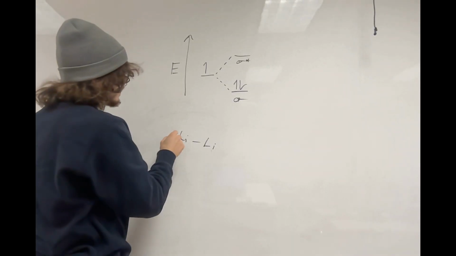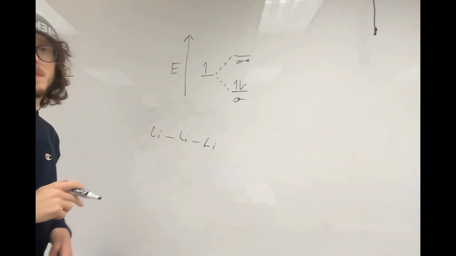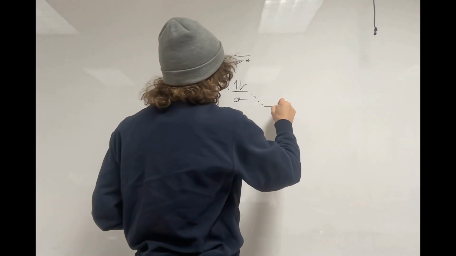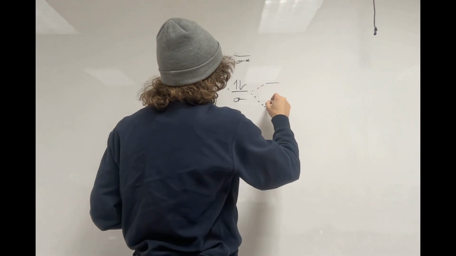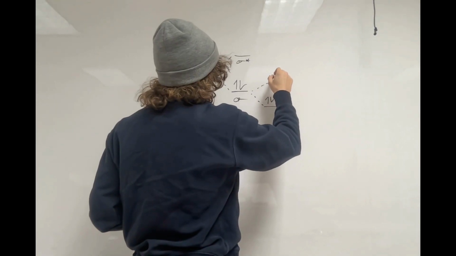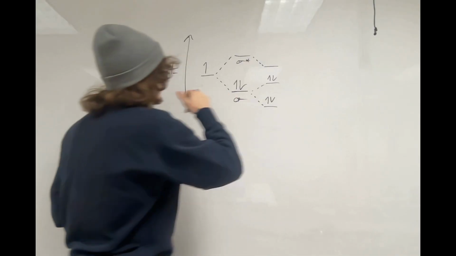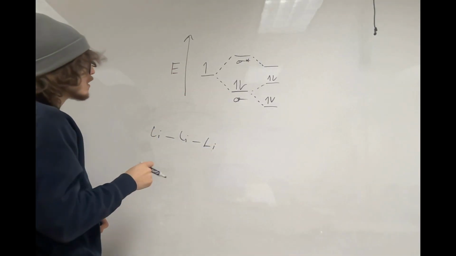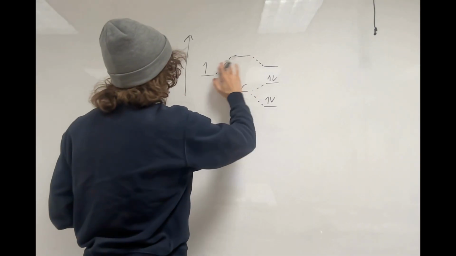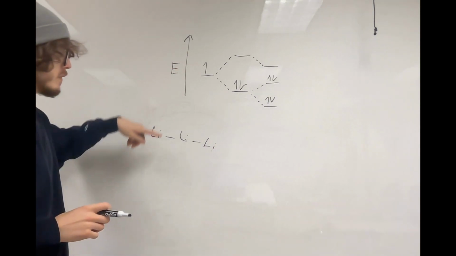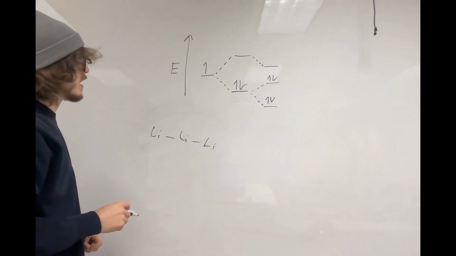But what then happens if we attach another lithium? Well, then we get further splitting of this. Sorry, there are no real labels I should really use for this, but just think of one valence electron, and we're making this network solid.